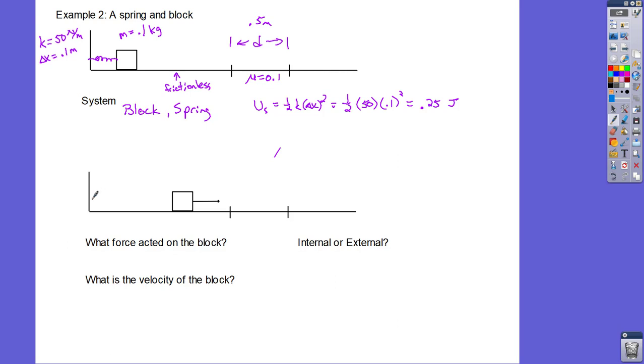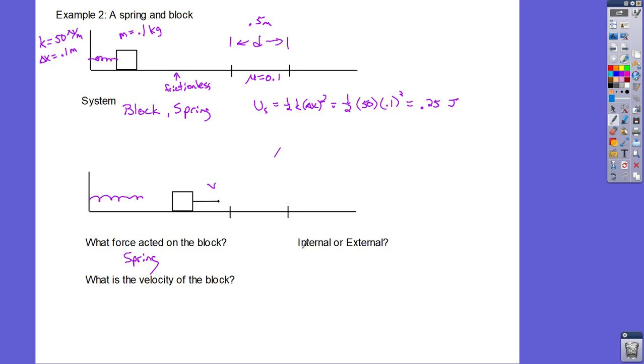And so the spring is now not compressed anymore. The block is not connected to it. So the question is, what velocity do we have there? Let's ask ourselves these questions. What force acted on the block? Well, the spring force acted on the block. Is that internal or external?